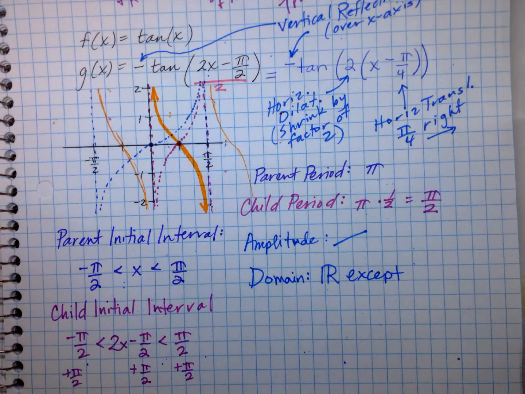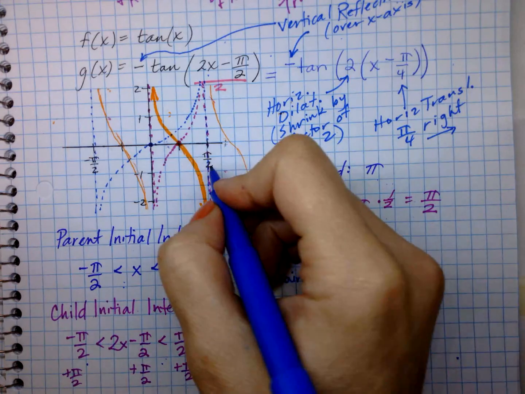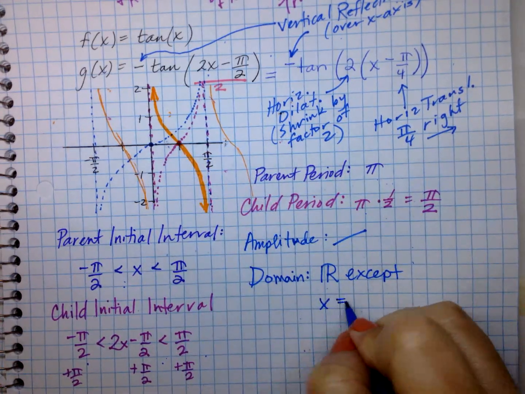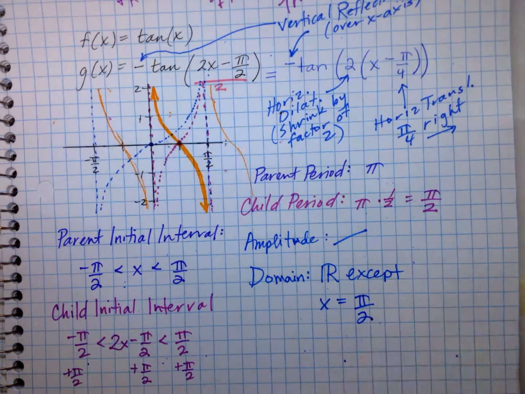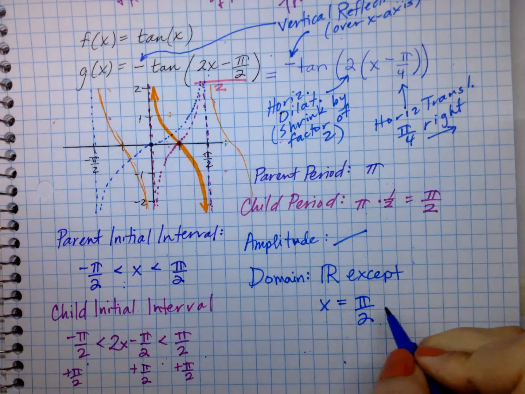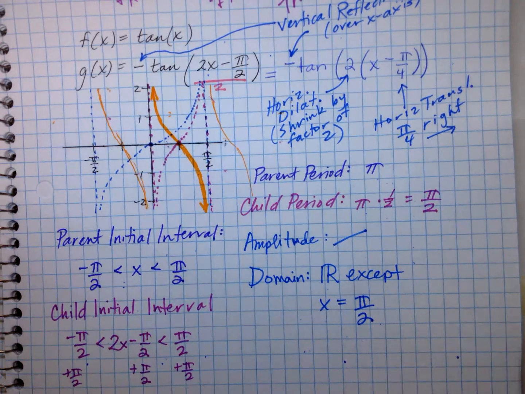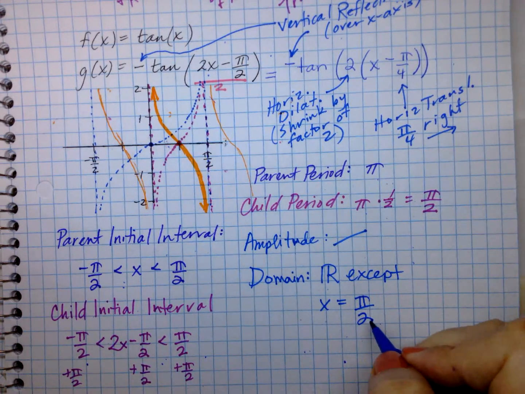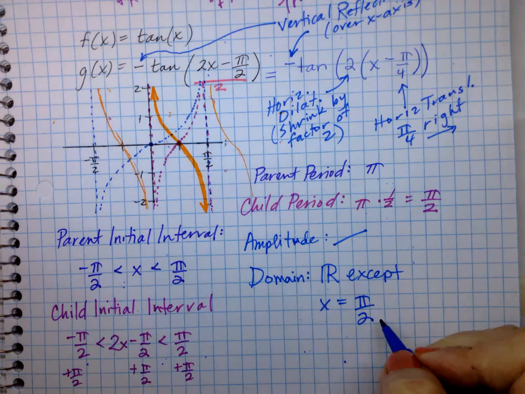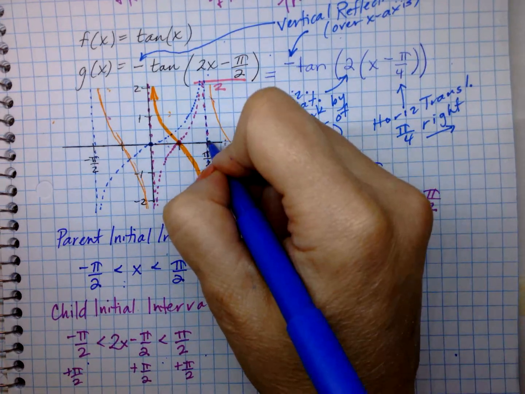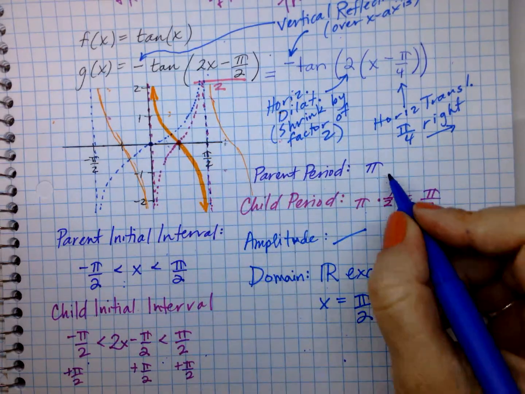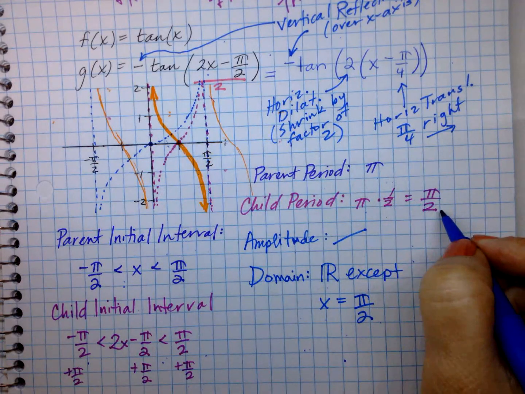And so you just need to pick one of those asymptotes, like for instance, pi over 2, and then tell me how much you need to add or subtract to this initial asymptote to get the other asymptotes. So for instance, how far away is this asymptote from the other asymptotes? Oh, well, that's whatever the period is. The period is pi over 2.